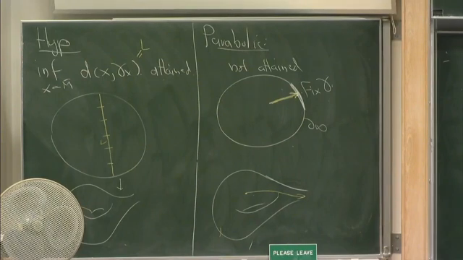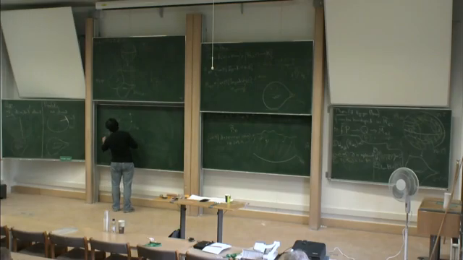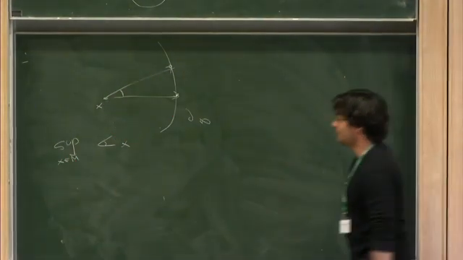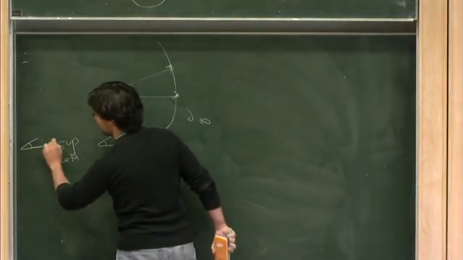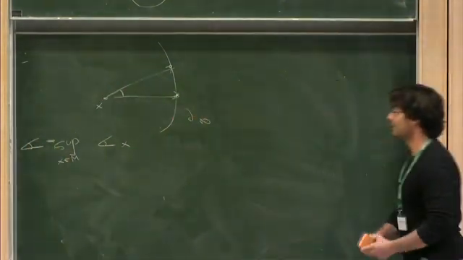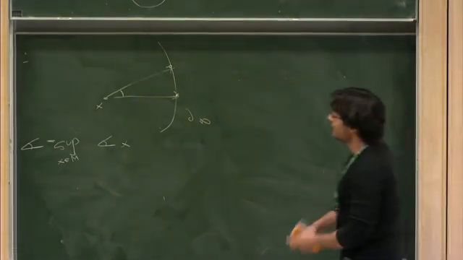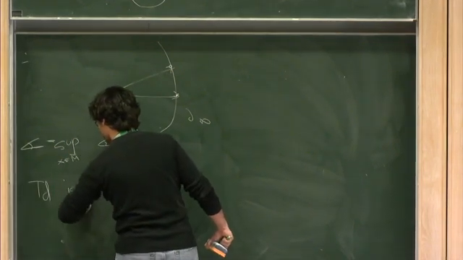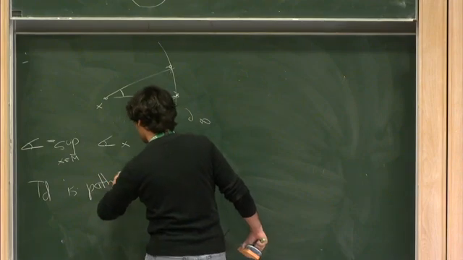For two points in the boundary at infinity, you can first look from some point x at these points and look at how far apart they are. That's the angle at x, and then you can take the supremum over all x, and that doesn't depend on the base point anymore. This is in some sense better because it's invariant under isometries, for instance. And finally, you can take the path metric. The Tits distance is the path metric associated to this.